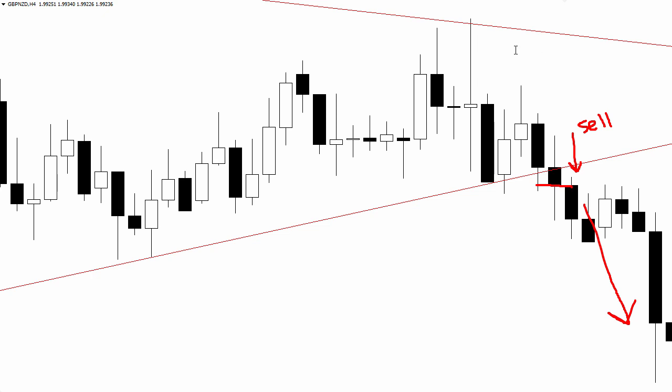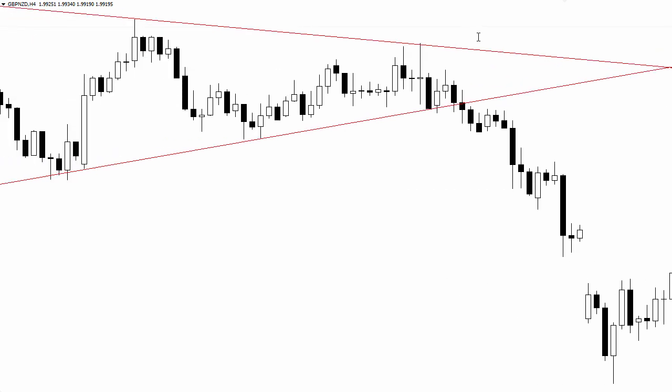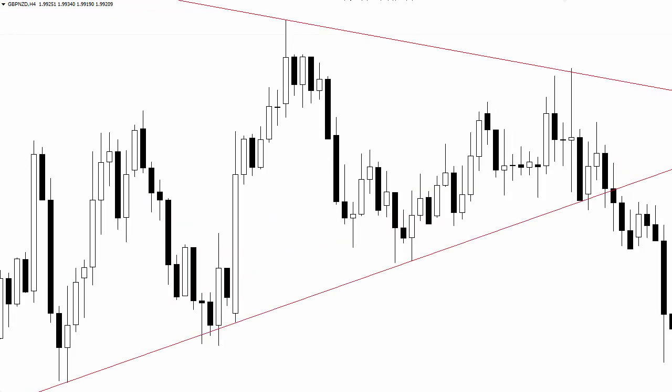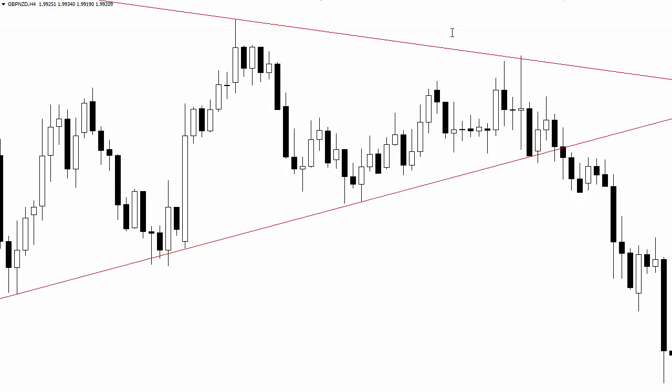And again, we really want to make sure that we're staying patient and waiting for the market to show us which way it wants to go. All right, so it's really important that we don't get ahead of ourselves and look at this pattern and say, well, this market is likely to break to the upside, so therefore I'm only interested in looking at a break to the upside, because if we had done that, we would have missed out on this move.